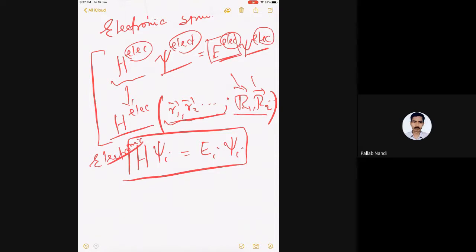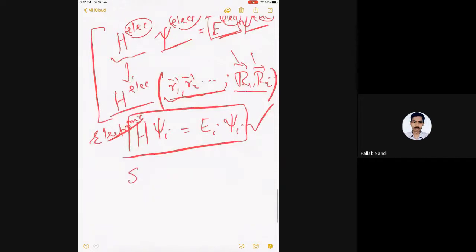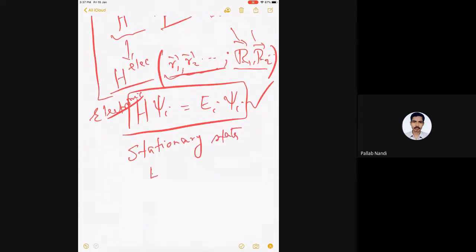So I go back to my earlier theme that I want to essentially solve this Schrodinger equation. These are my stationary states, and this is connecting to quantum mechanics, that these are my stationary states of energy, and I will get the energy as E of I. For any given psi I get E of I, and there is no uncertainty in measurement.